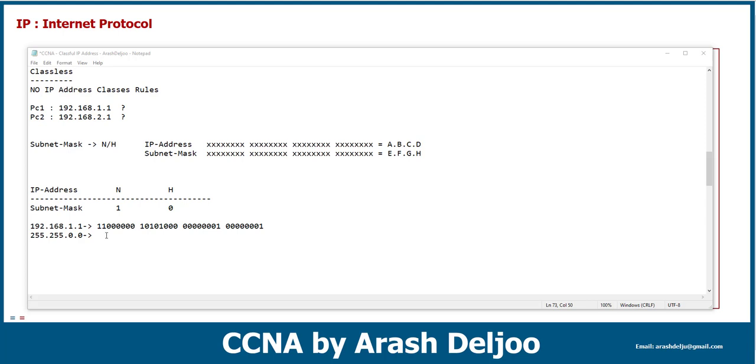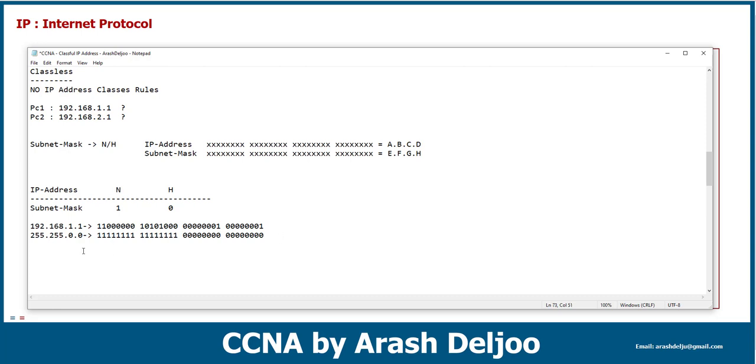After that we have the subnet mask 255.255.0.0. Let me write the subnet mask in binary format: eight 1s, again eight 1s, and then all 0s. What does it mean? Look here. As you can see, when we use 1 in the subnet mask, the correlated bits in the IP address are the network bits.